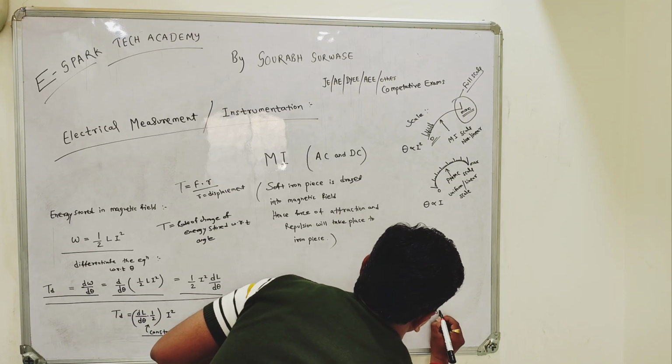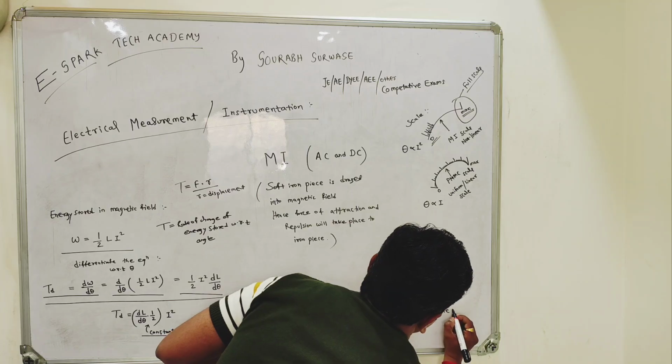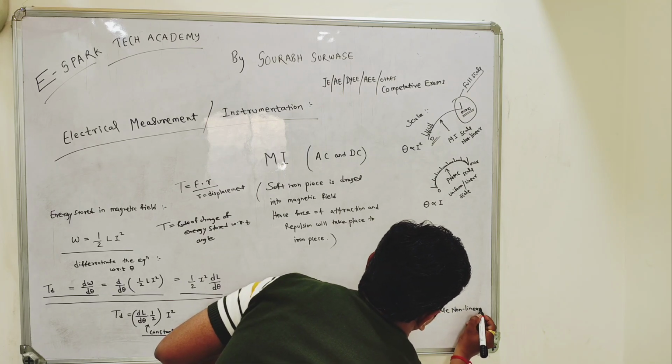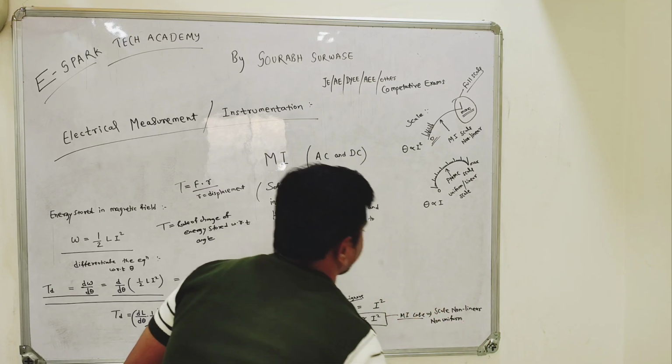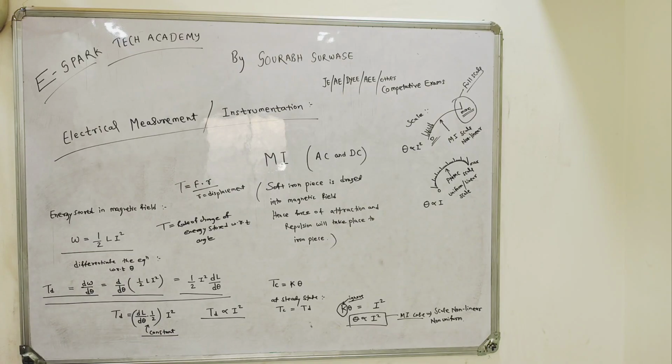Hence the scale is non-linear, or you can say non-uniform. Just now I have cleared each and everything here, so please go through it.